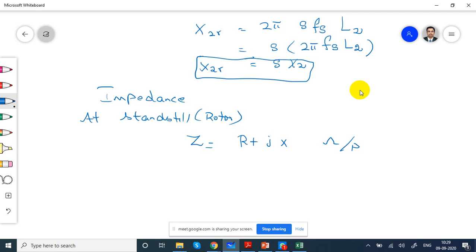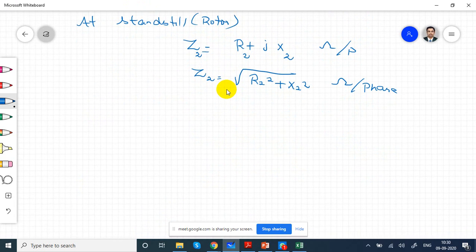So in terms of notation for rotor, Z2 equal to R2 plus jX2. In terms of magnitude, Z2 equal to square root of R2 square plus X2 square. The unit is ohm per phase.